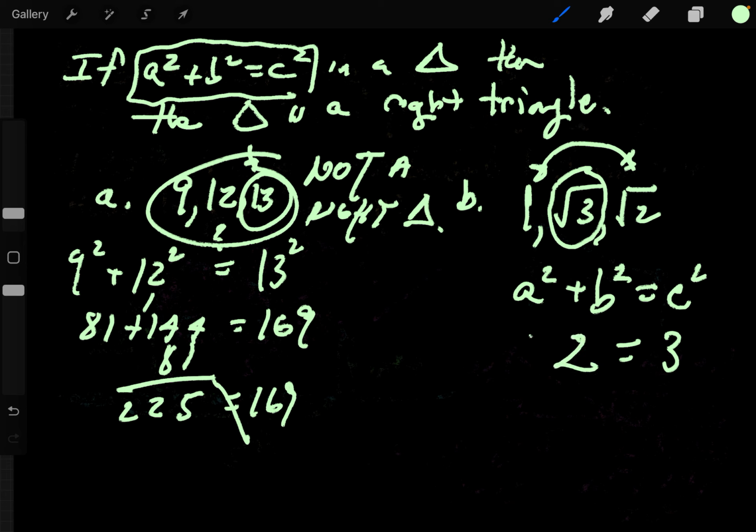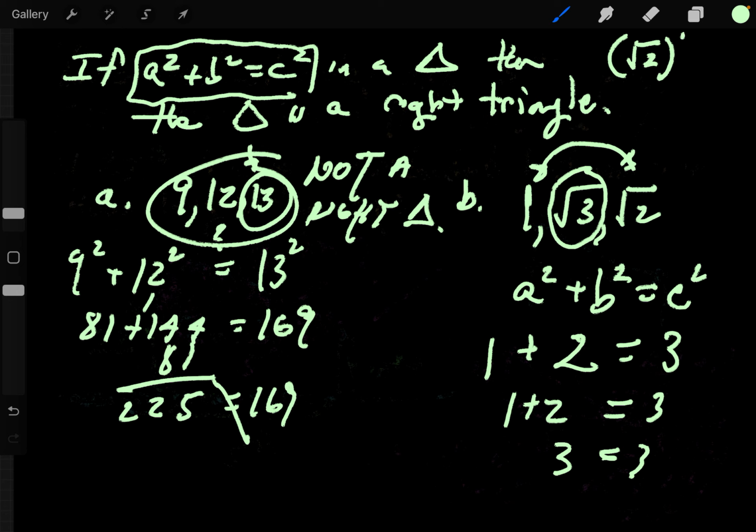So 2 plus 1, because if b is the square root of 2, the square root of 2 squared is just 2. Does 1 plus 2 equal 3? Yeah, 3 equals 3. So this works out. Look, the square root of 2 squared plus 1 squared is equal to the square root of 3 squared. 2 plus 1 is 3. And now I'm done. That's it.